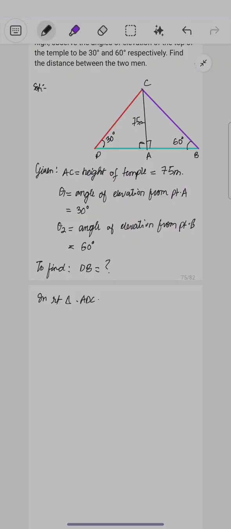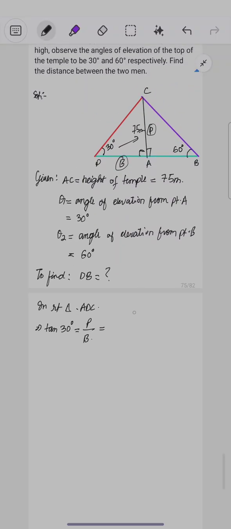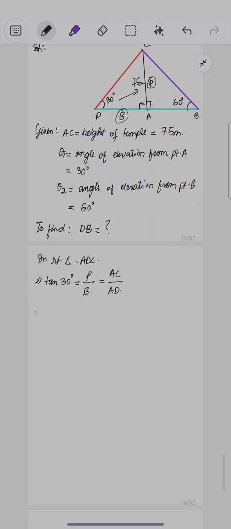Tan 30 is perpendicular by base, so tan 30 equals AC by AD. Tan 30 is 1 by root 3, so 1 by root 3 equals 75 by AD.